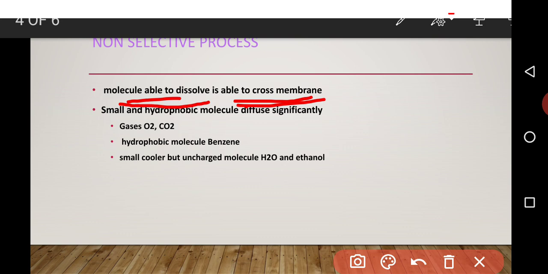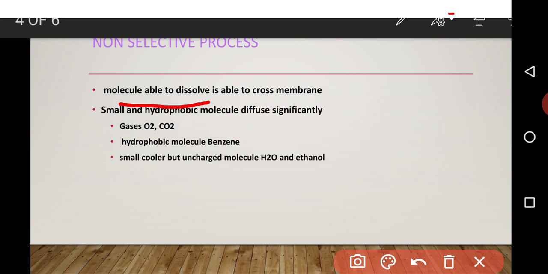These molecules diffuse significantly across the plasma membrane. Now which are these molecules? These are gaseous, hydrophobic molecules, and smaller but uncharged molecules.